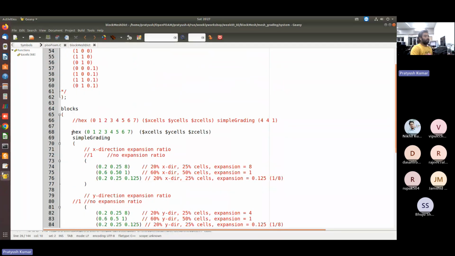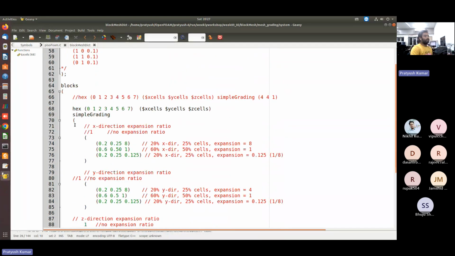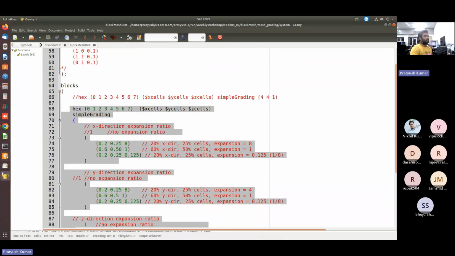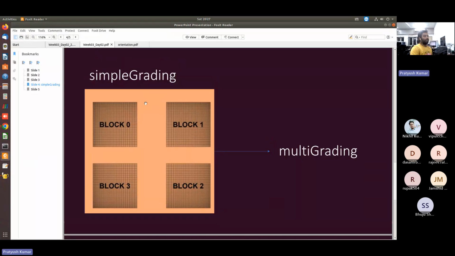Now this is the way of doing the multi-grading. As I told you on this slide, either you can use this approach: create 4 different blocks, do the grading from wall to the center, and connect these 4 blocks as a single block.